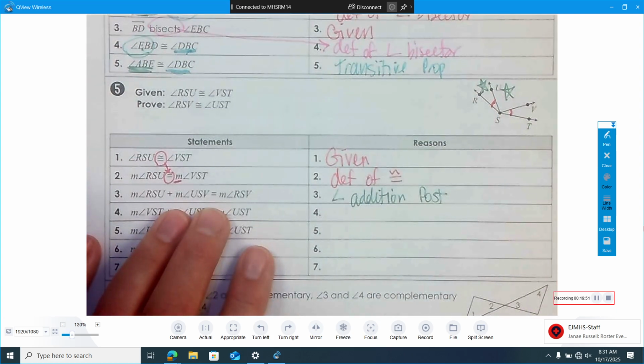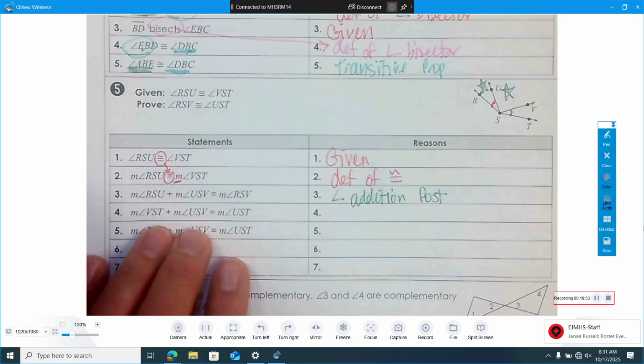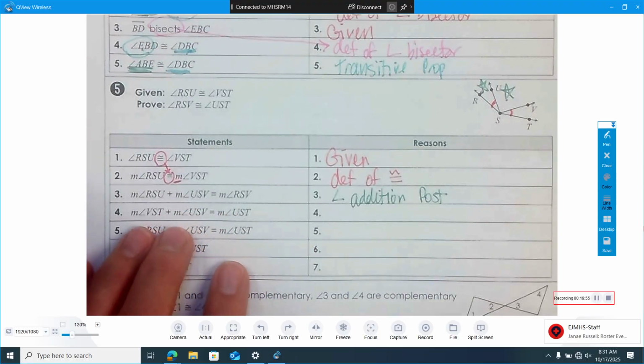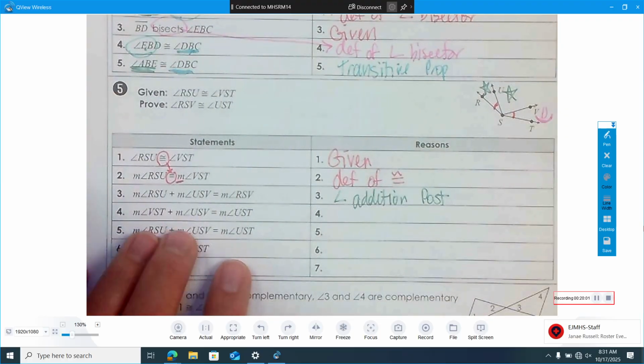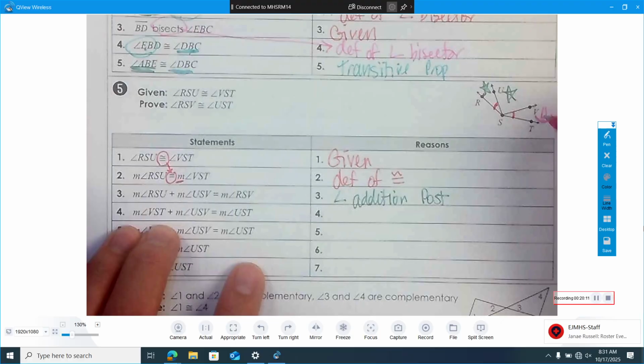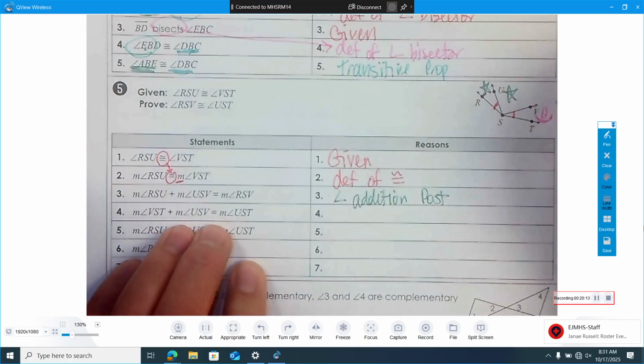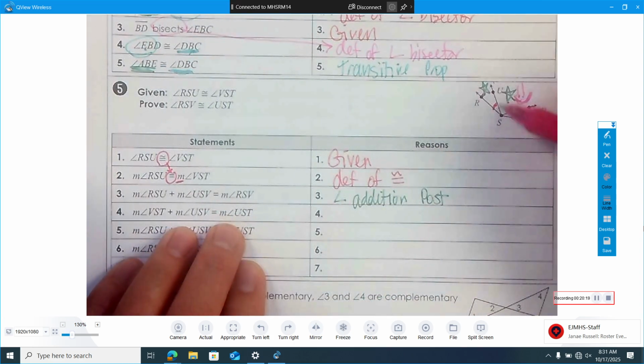Then we have another statement kind of similar. We have the measure of angle VST, so that's over here. I'm going to give that a little smiley face. So angle VST with a little smiley face, and then the measure of angle USV with a little smiley face equals UST.